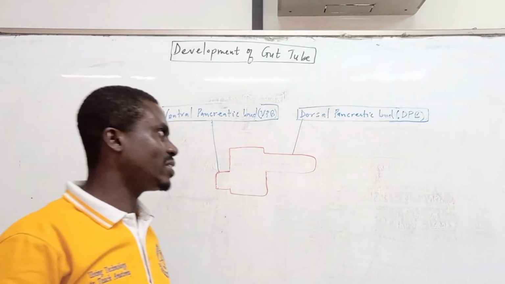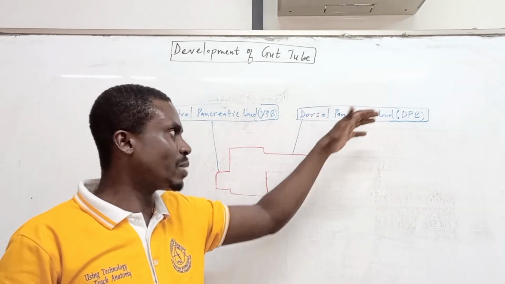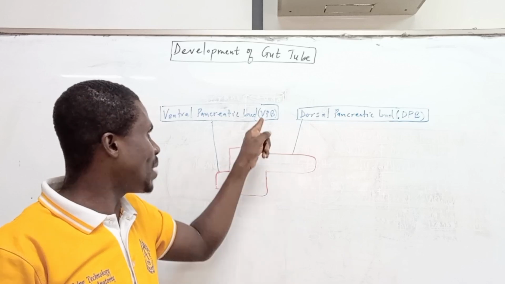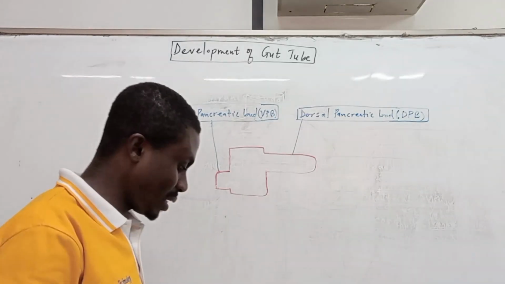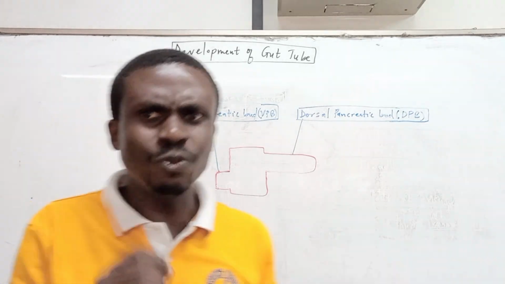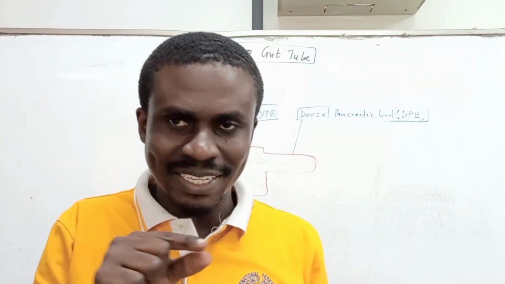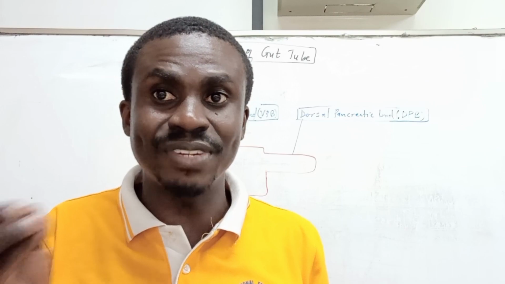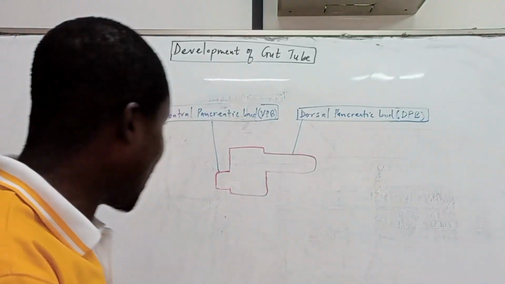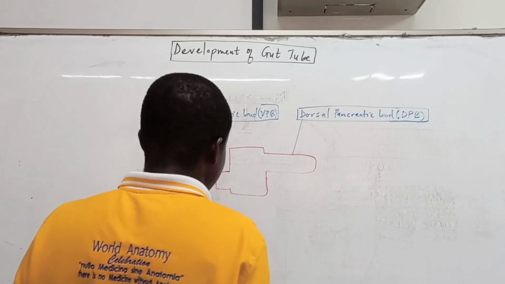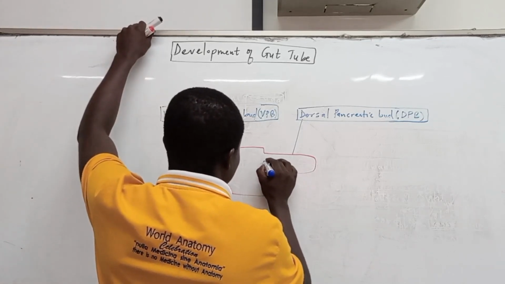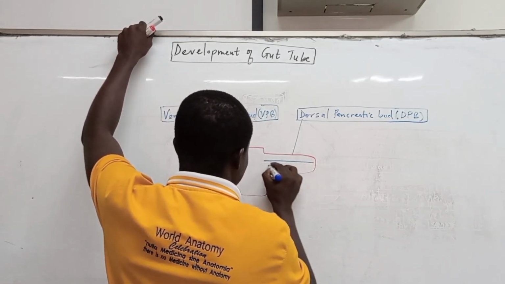Whenever I talk about DPB, I'm talking about the dorsal pancreatic bud. Whenever I talk about VPB, I'm talking about the ventral pancreatic bud. Now what we see is that they will have their respective ducts developing within them.